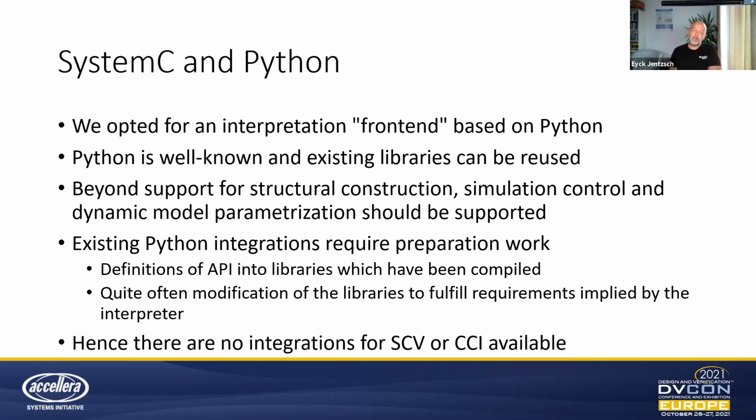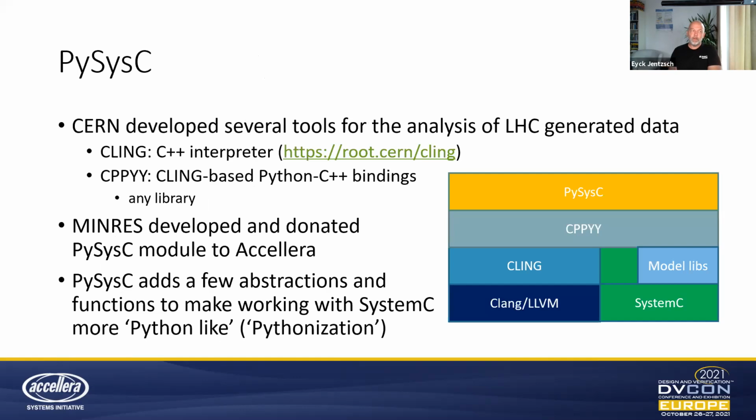Which requires some effort, and that's why you hardly find integrations beyond those core libraries like SystemC, for example, for the SystemC verification library or the configuration and inspection interface.